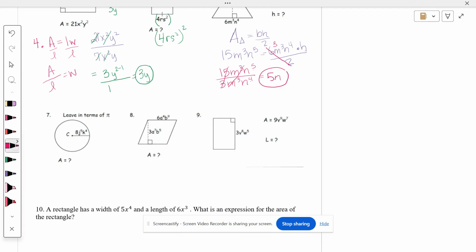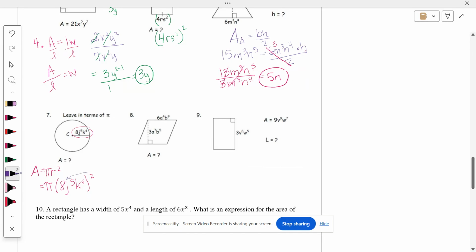Number 7, area of a circle. Area of a circle is pi times my radius squared. For this example, this is my radius. So it equals pi times my radius, which is 8j to the fifth k to the fourth, and I need to square that quantity.